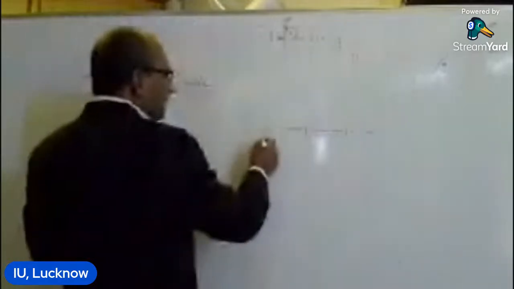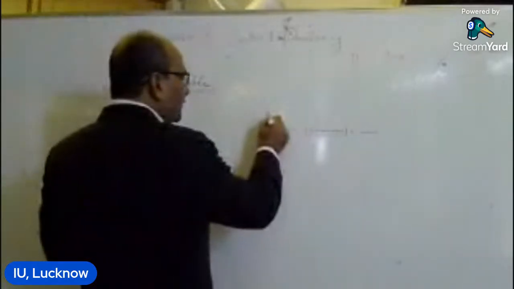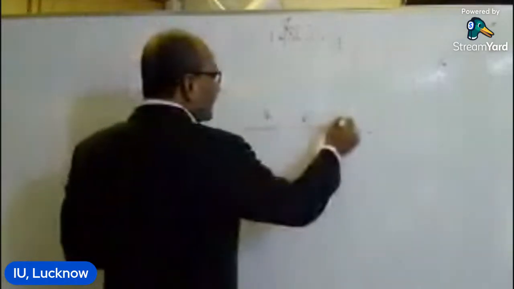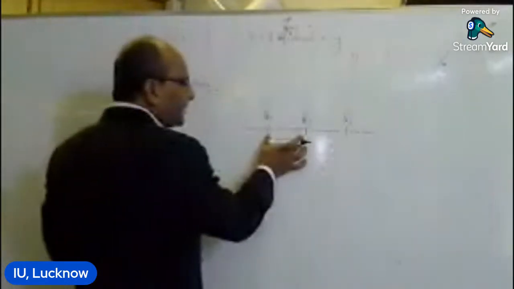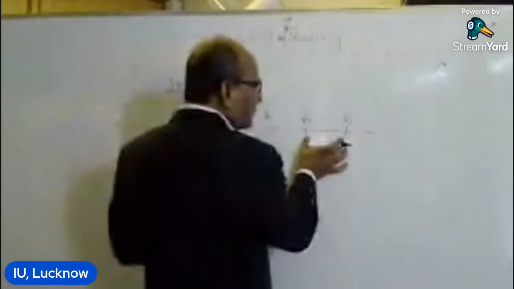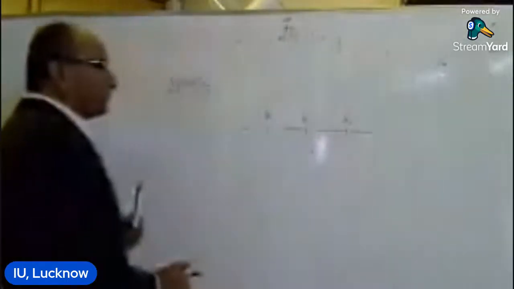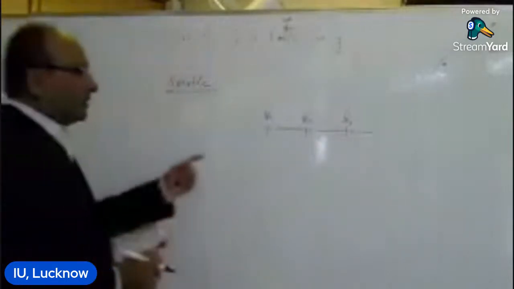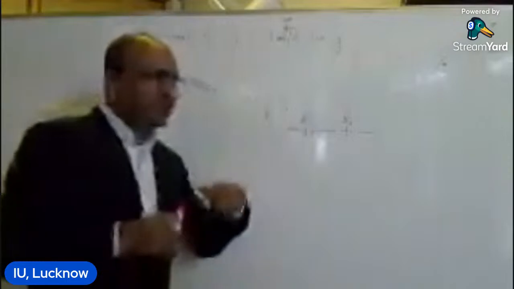In such a way, this point is known as the first quartile, this point is the second, and this the third. This is the value of the first quartile, this is the value of the second quartile, this is the value of the third quartile, and this will be the value of the fourth quartile. Isn't it? So there are 3 points which divide the entire observation into four equal parts.